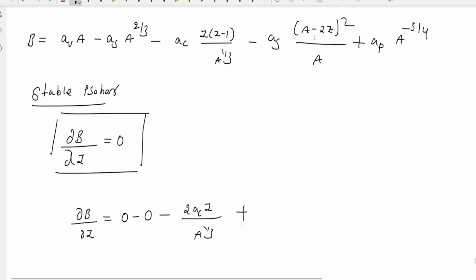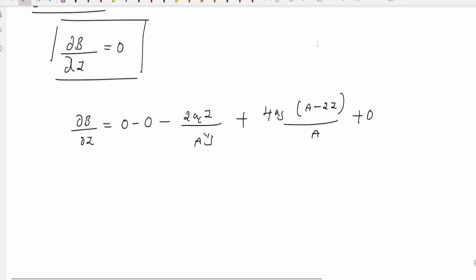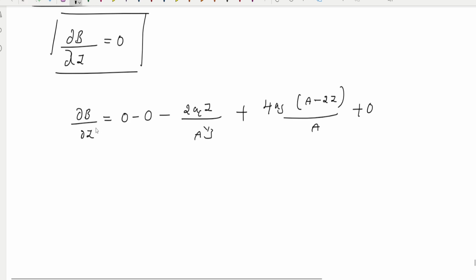Next, the 2aZ minus 2Z, if you consider it like that, then you get the situation like this. This is the 4as, 4as minus (A minus 2Z) divided by A. The last term is 0, so this term is equal to 0, right?